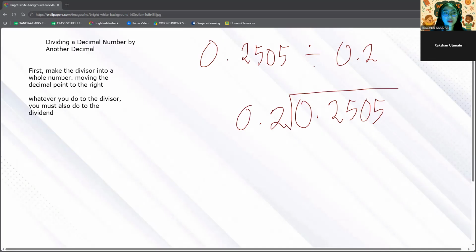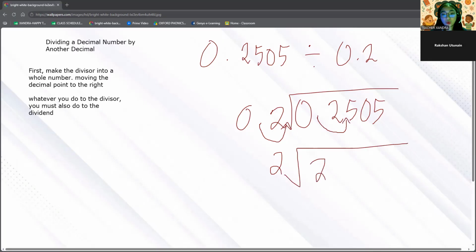Again, make the divisor into a whole number. Our divisor, we move it once, and now it became 2. So whatever you do to the divisor, you must also do to the dividend. You move this once also.